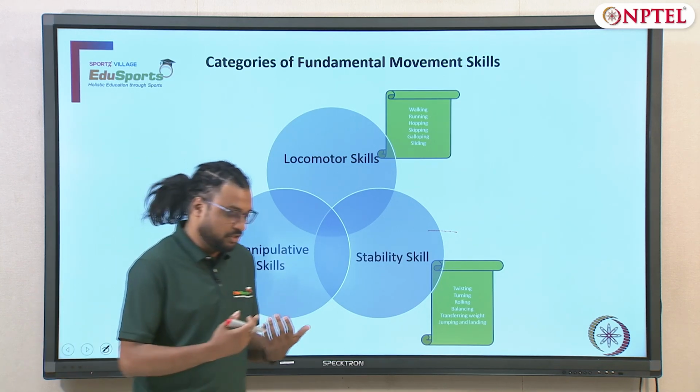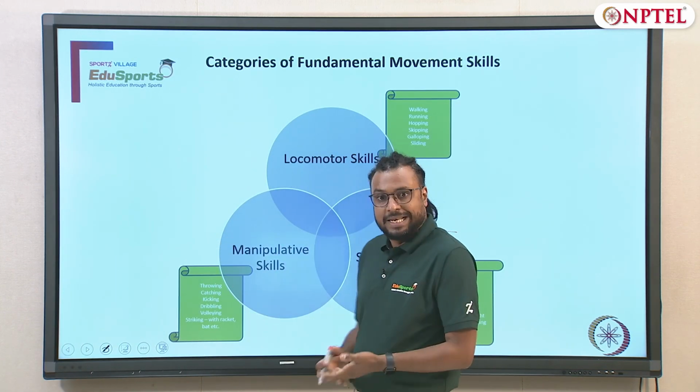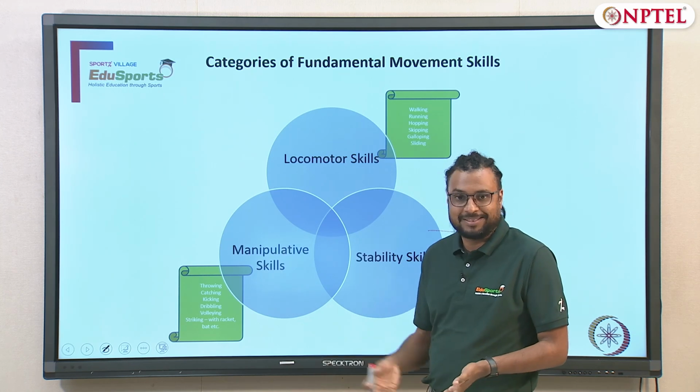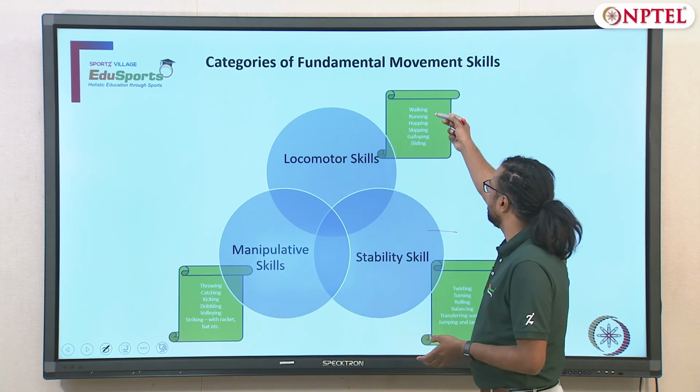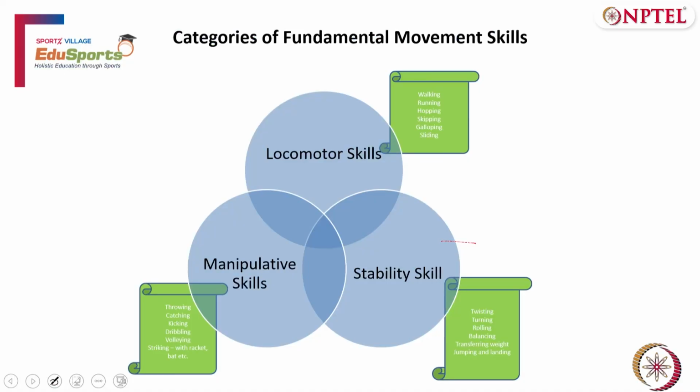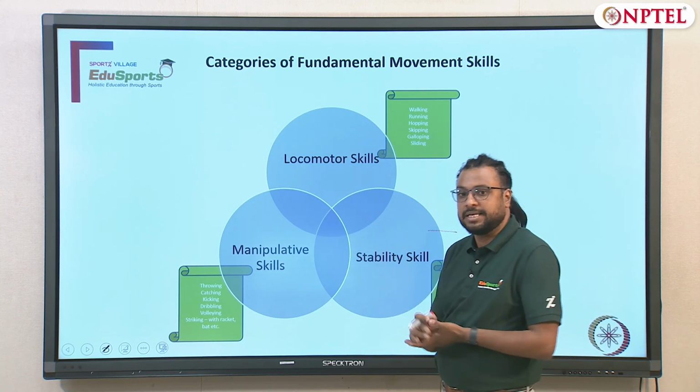The skill name is walking, or it could be running, it could be jumping. So, these are the examples of locomotor skills. Using these skills you move from one place to another, like walking, running, hopping, skipping, galloping, sliding, and the list is endless.